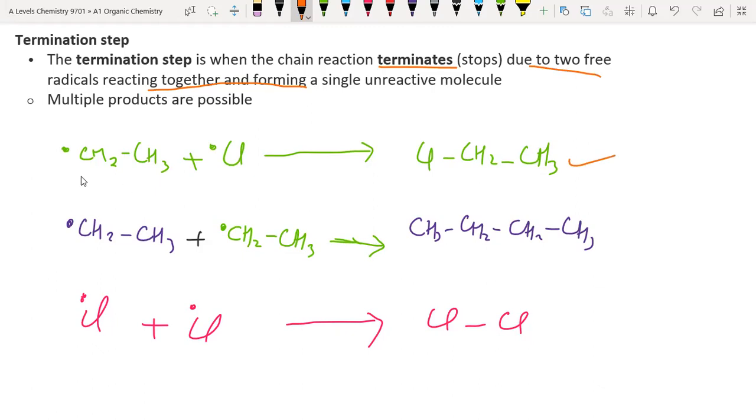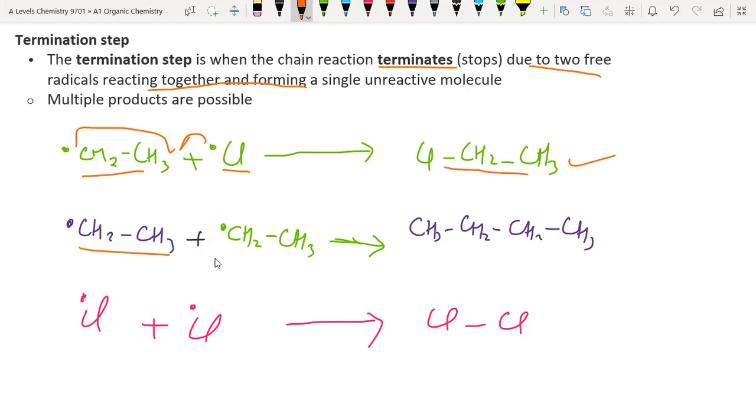Like that, an ethyl radical and a chlorine radical will form a bond pair and convert into chloroethane.